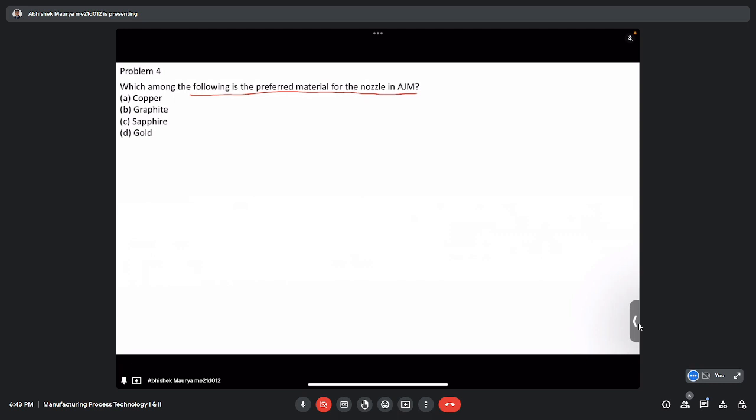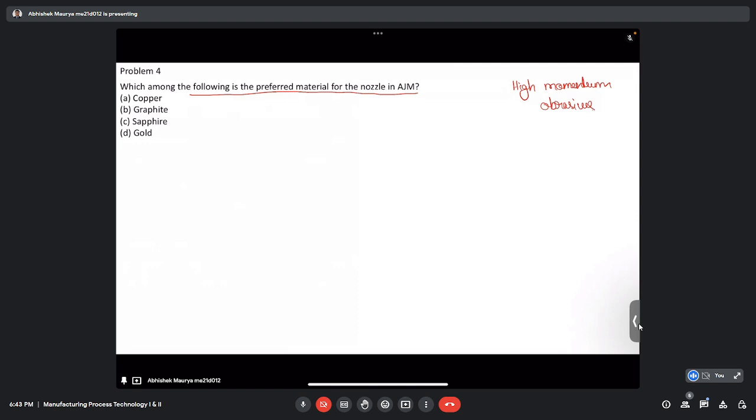And this high momentum abrasive is used to machine the workpiece locally. So the main thing is that we have high momentum abrasives.